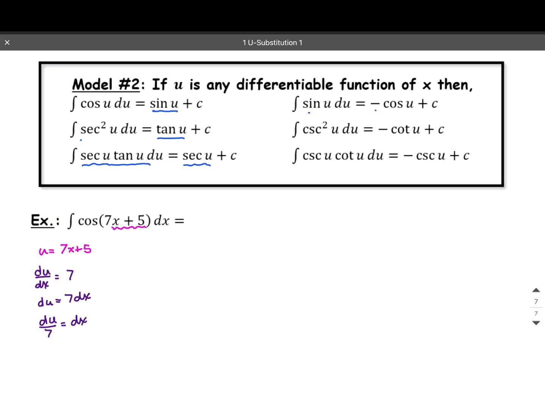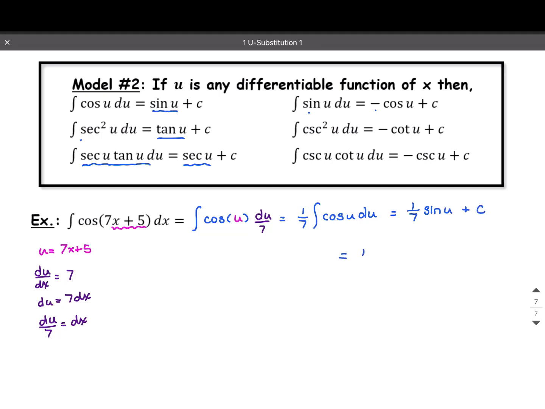So I'm going to go back to this integral of the cosine of 7x plus 5, which is just u, and my dx is du over 7. So now that 7 is a constant, I can factor out 1/7 and say, okay, the cosine of u du, that's 1/7 times what has a derivative of cosine? That's the sine of the angle u plus c.